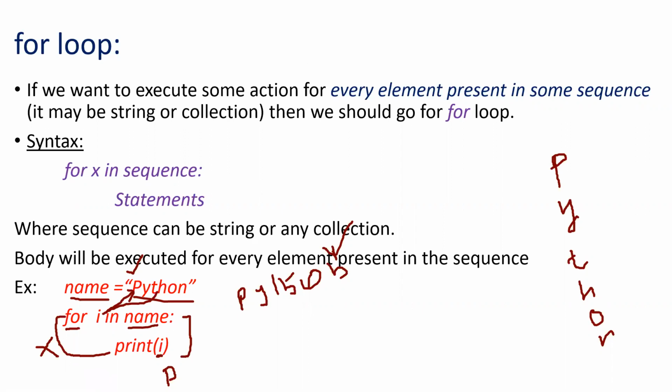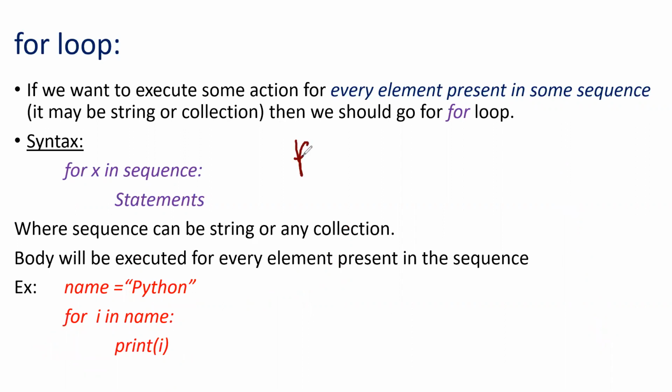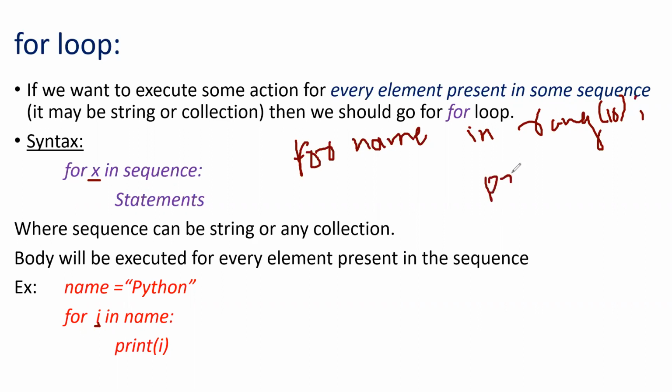I'll take one more example with the range data type so that you'll understand. Let's take name as the iterative variable. Remember, the iterative variable can be anything. Here I used I, here I used X. For name in range 10, print name, because the iterative variable is name.